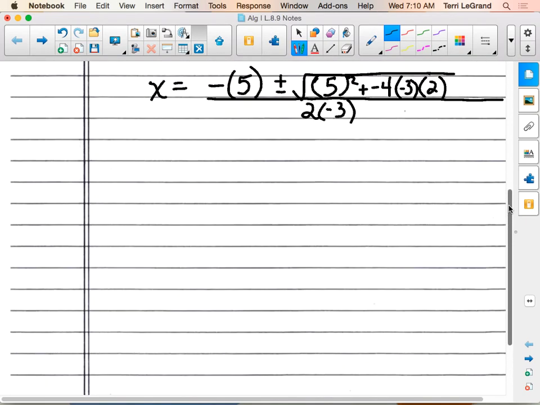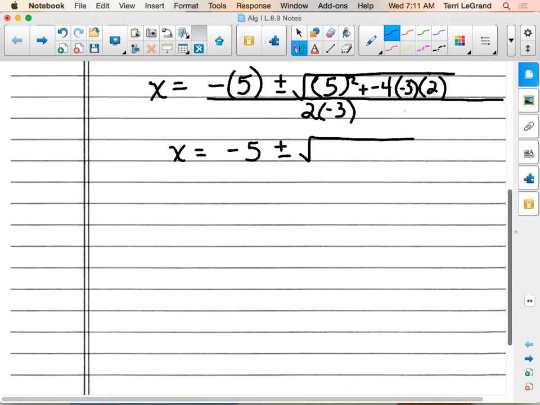So now we're going to start just simplifying in pieces. We're not going to try and do too much at one time, okay? So we're going to take the opposite of the b value. Opposite of 5 is negative 5, plus or minus. Under this radical sign, we're going to do the squaring and the multiplying.